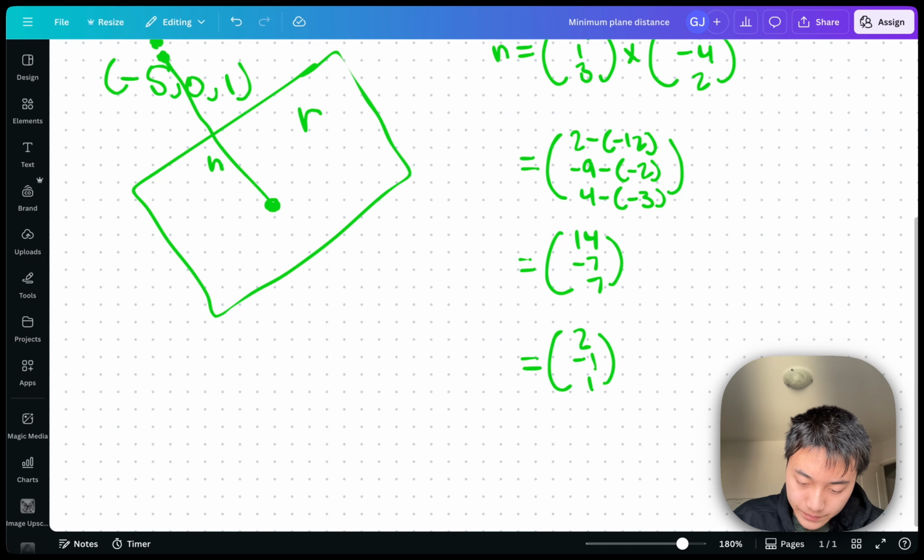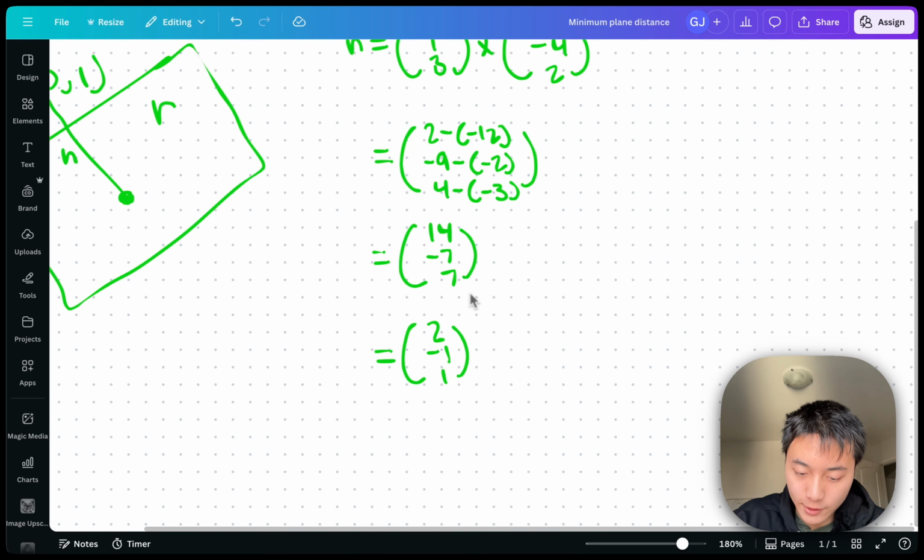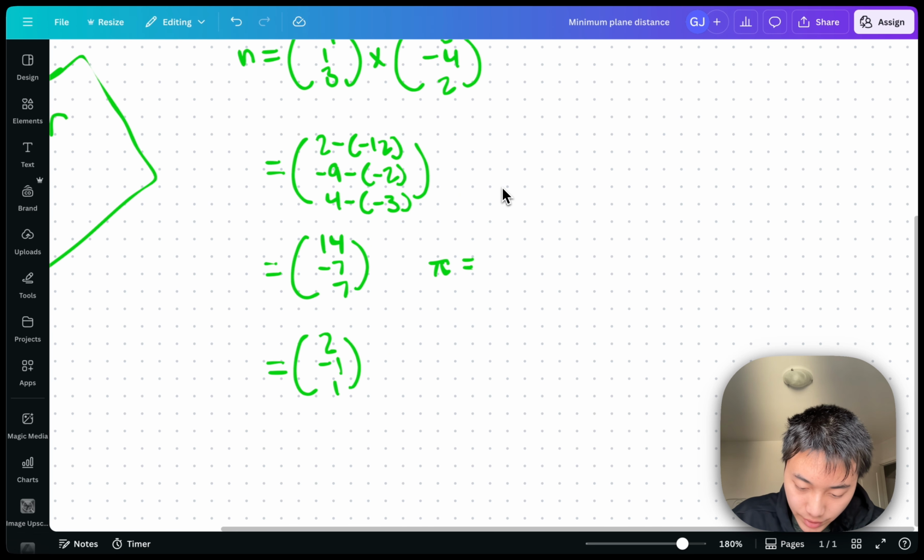Now what do we do? We can actually get the equation of the plane. I think that would be helpful. So the equation of the plane we can label as pi equals. The normal is actually the coefficients of the Cartesian form of the plane, so it's going to be 2x minus y plus z equals a constant.